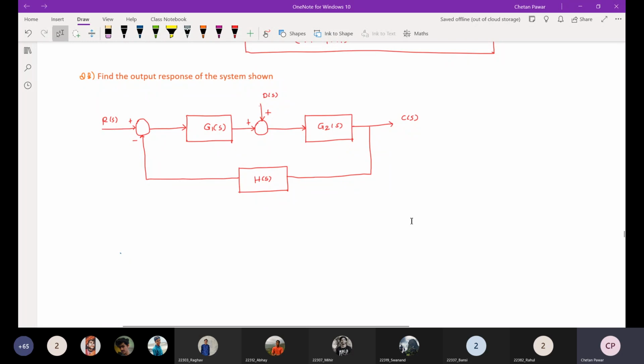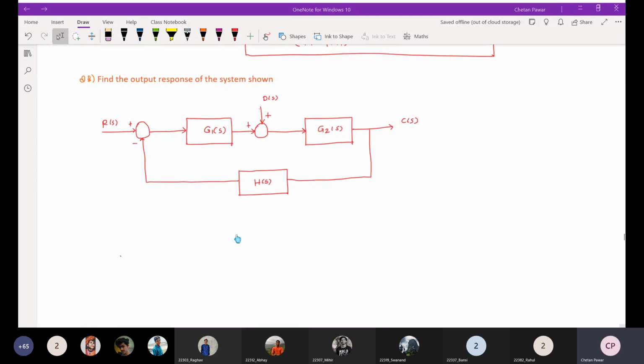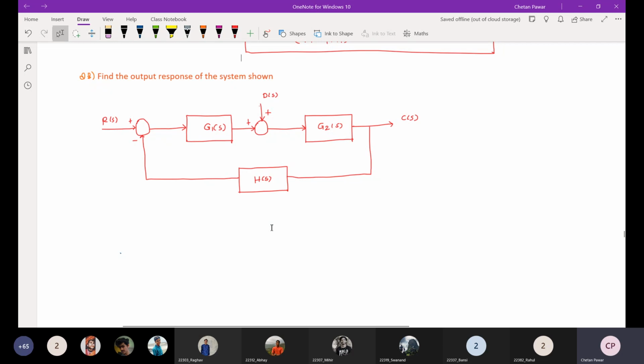So now let us see problem number 8. Most of the students have replied, okay, good work. So let us consider this problem now. What is the difference that we have observed between the previous problems and this particular problem?